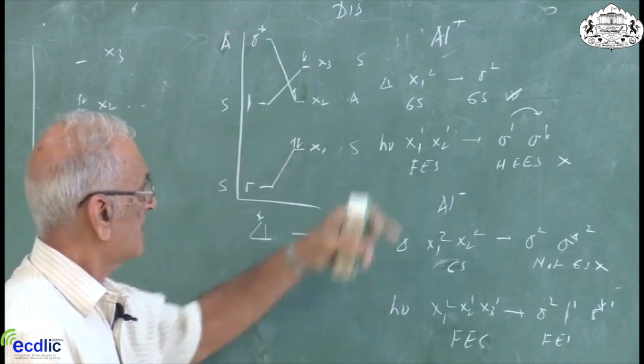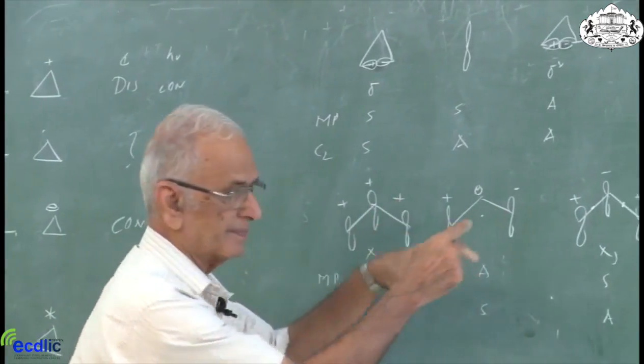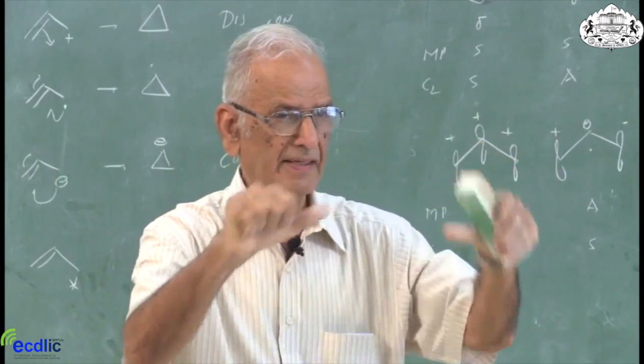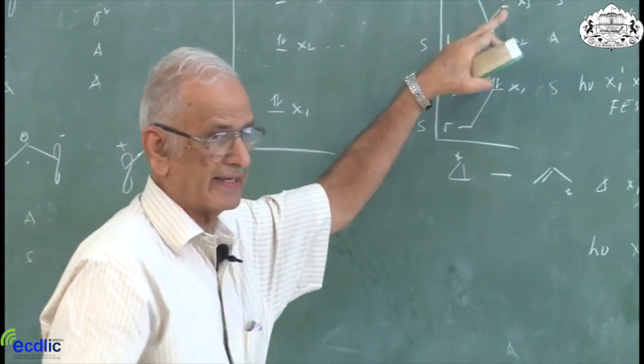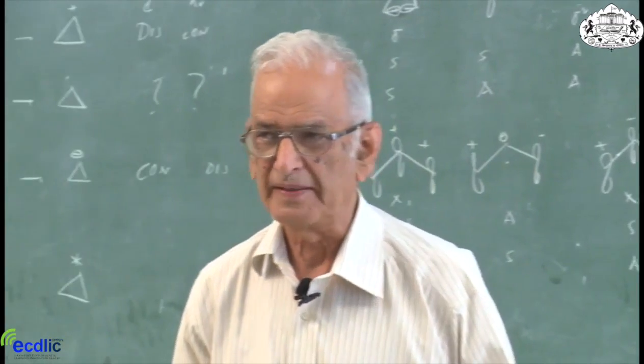If I look at this, x1 and x3, terminal lobe interaction will give me bonding. So, x1 goes down, x3 goes down, x2 goes up. So, there is no error there.